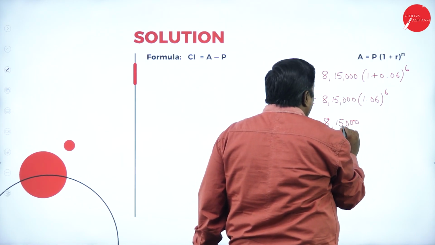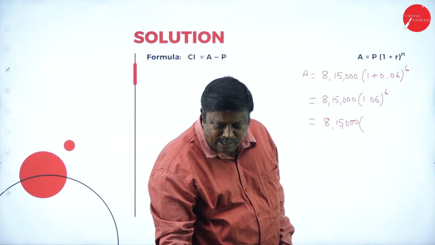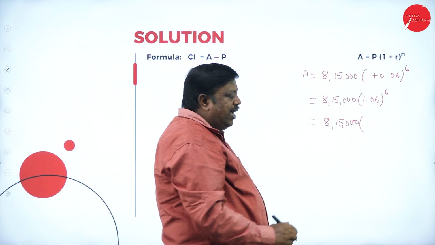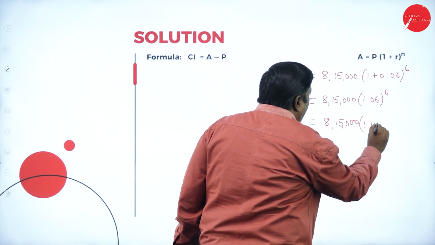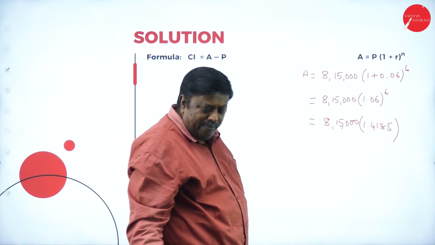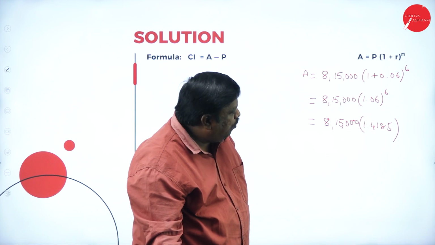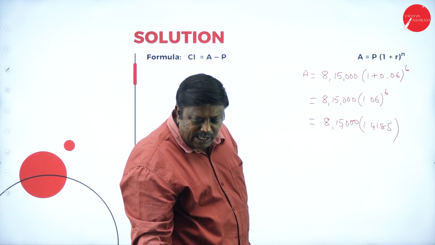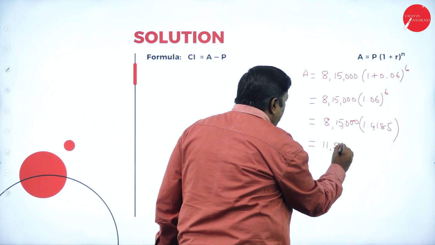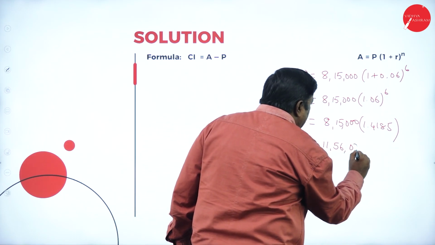8,15,000 into 1.06 into 1.06, and so on. It will be 1.4185. 8,15,000 into 1.4185 will be 11,56,077.